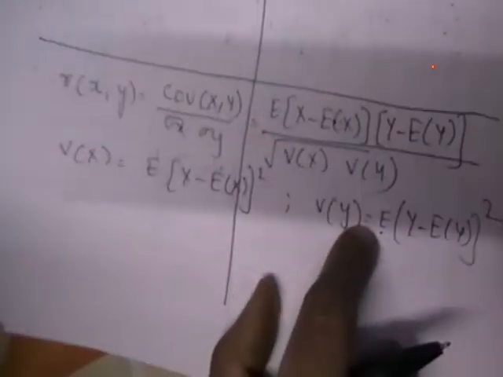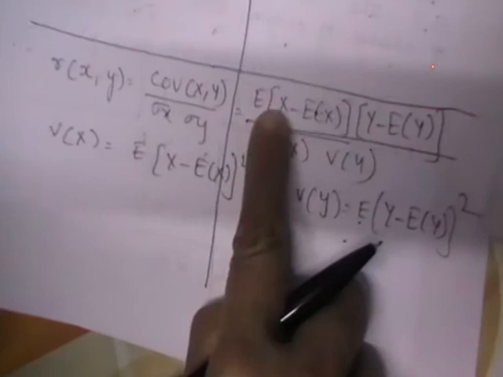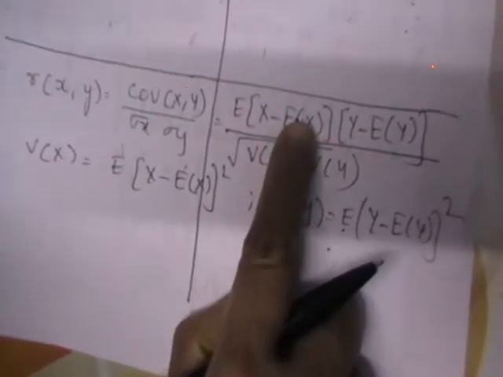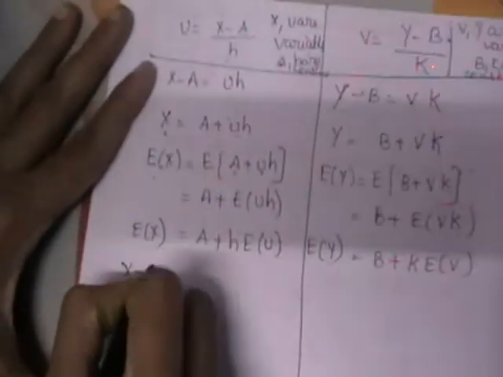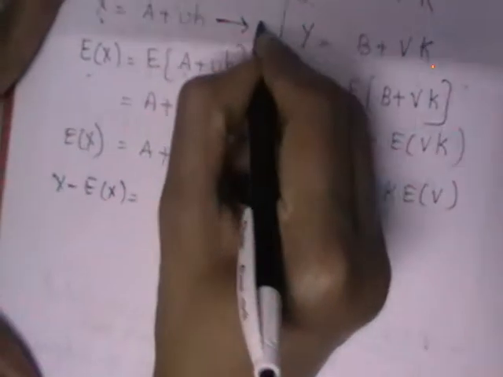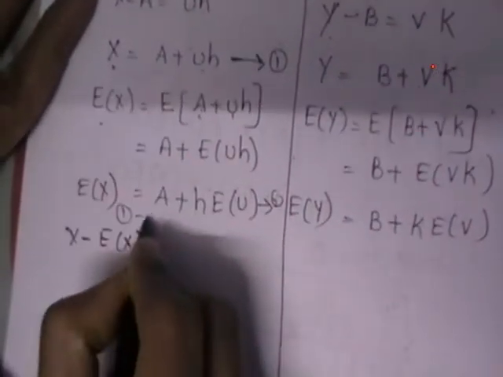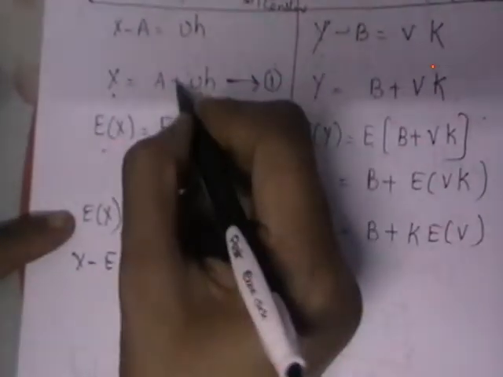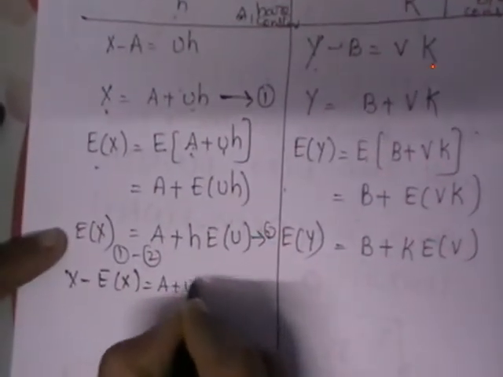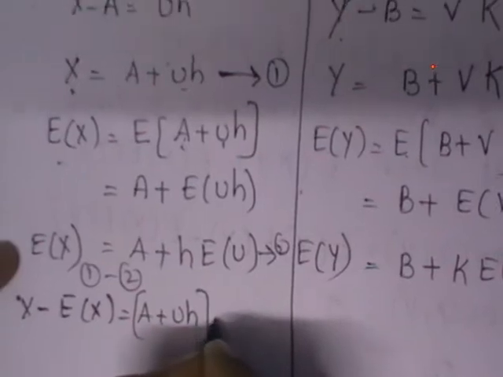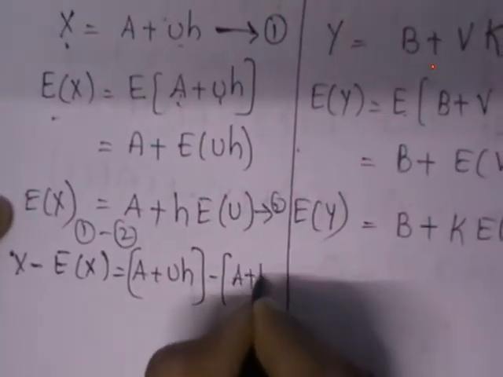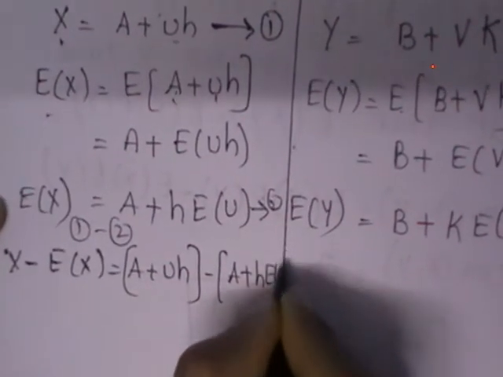Similarly, you have x, e of x, y, and expectation of y. Now to calculate x minus expectation of x, you should subtract these: 1 minus 2. We get x minus e of x is a plus h u minus a plus h e of u.